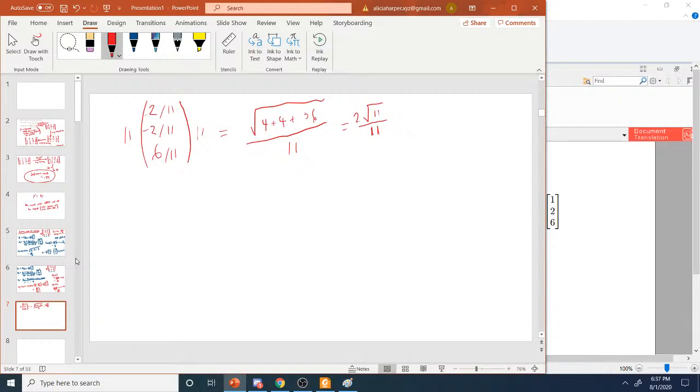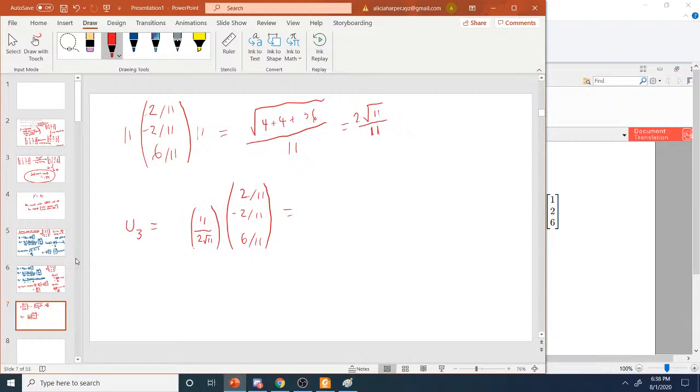So u3 is going to be equal to the vector 2 over 11, negative 2 over 11, 6 over 11, times the reciprocal of its norm. So 11 divided by 2 over the square root of 11.